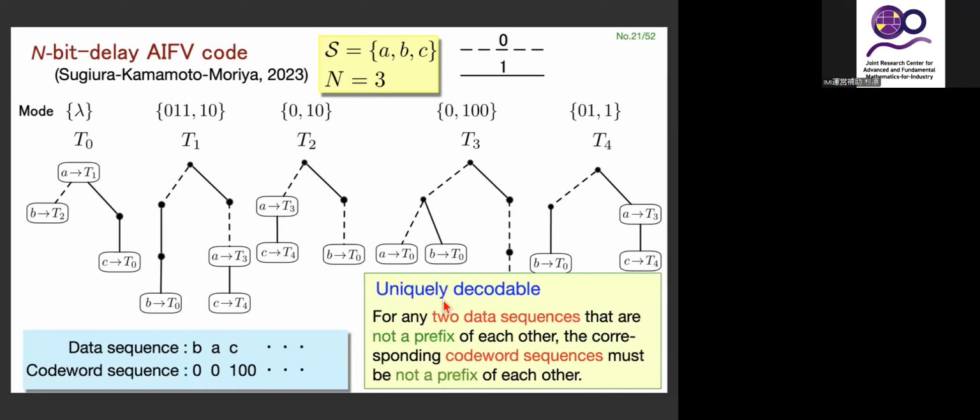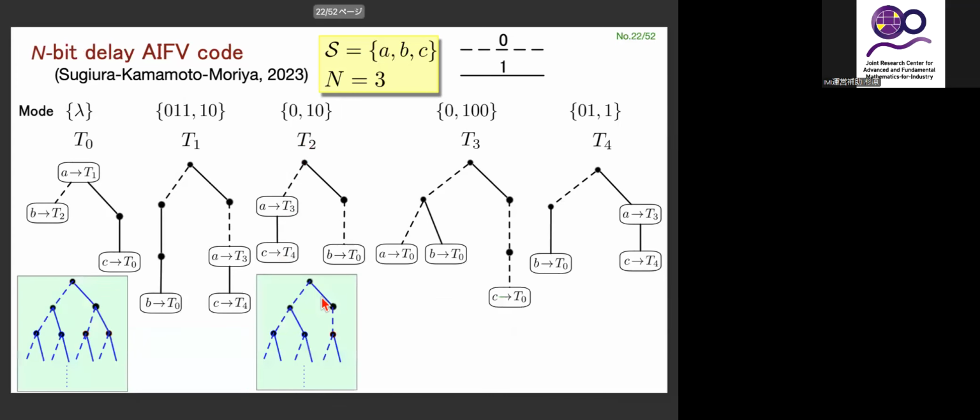Unique decodability requires that for any two data sequences that are not prefixes of each other, the corresponding codeword sequences must not be prefixes of each other. This condition can be checked by extending each code tree by connecting other code trees to this part.